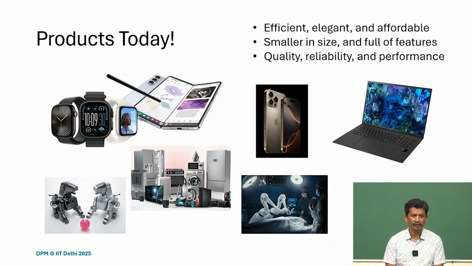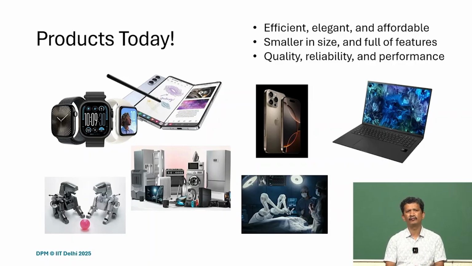So when we started, we talked about products. If we see different kinds of products today, the consumer products, the electronic products, all kinds of gadgets we have at home, in our offices, what we observe is that they are very efficient, elegant, and at the same time very affordable, very cost effective.